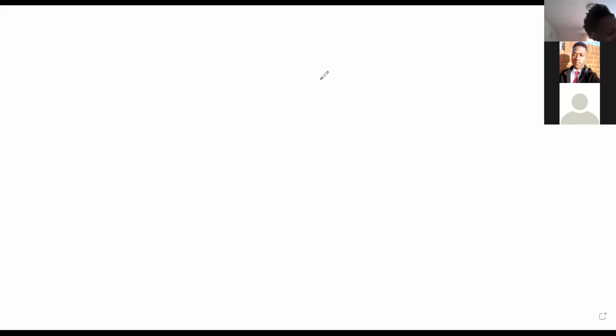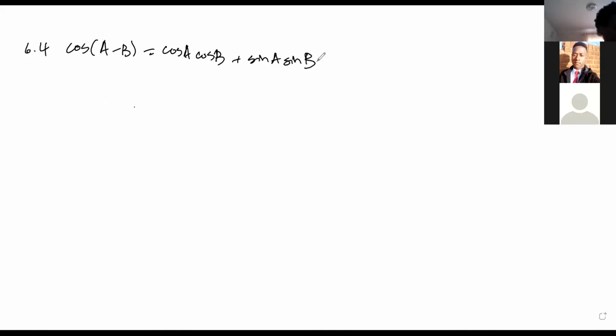Then question 6.4. They say, you are given that cos(A minus B) is equal to cos A cos B plus sine A sine B. Then they say, use this formula for cos(A minus B) to derive the formula for sine(A minus B).